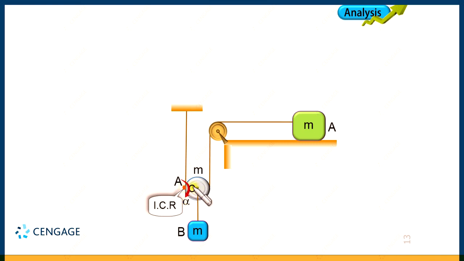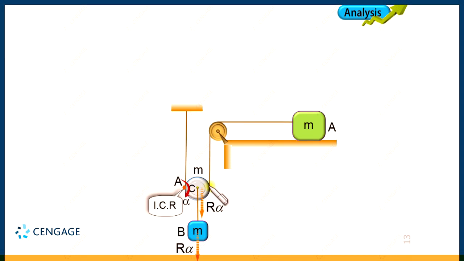This center is at a distance small r from A, so the tangential acceleration of point C will be in the downward direction with magnitude r alpha, and this will also be r alpha. Why? Because this point is directly connected with the block, so the acceleration of the block will also be r alpha.